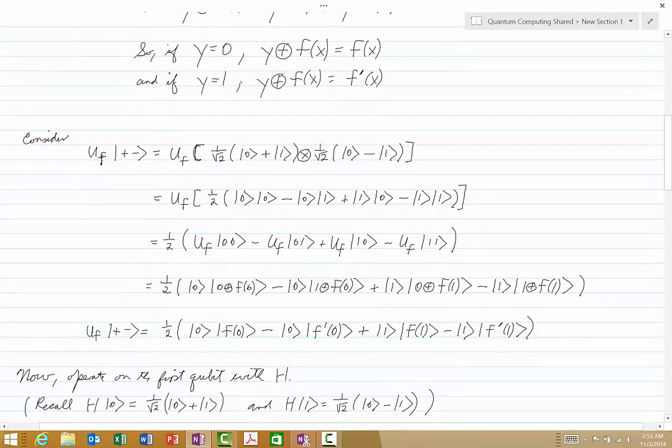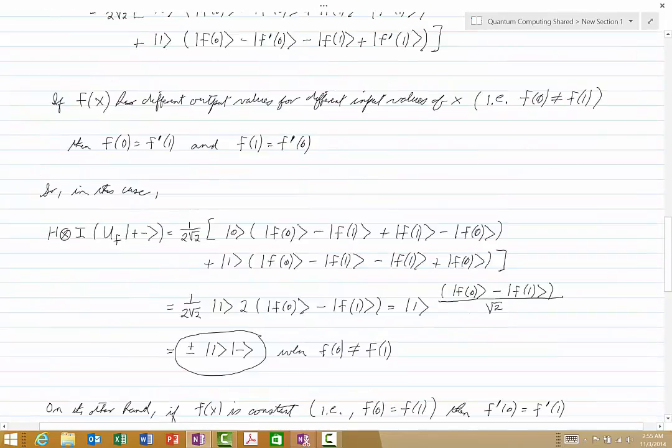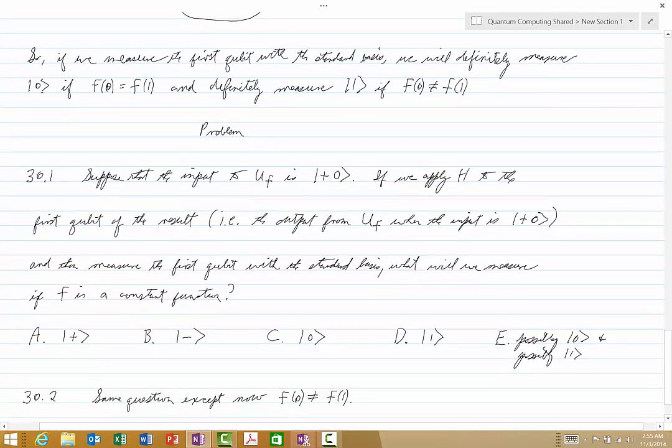But now, in our two problems, we're going to look at the input plus 0. Not plus minus, but plus 0. We're going to have that as input for U_f, and then we'll get some output. And that output is what I'm referring to as the result.